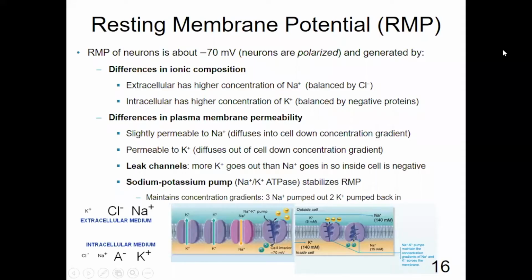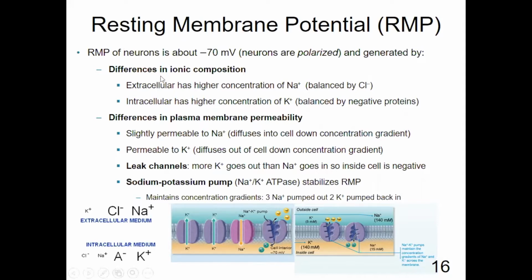The resting membrane potential of most neurons is about minus 70 millivolts. Because the resting membrane potential is negatively charged, we say that neurons are polarized. This resting membrane potential is due to two things.